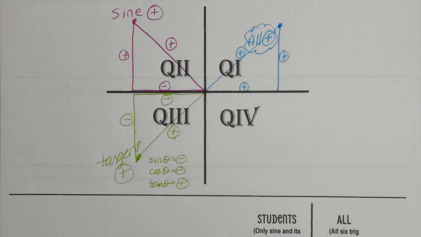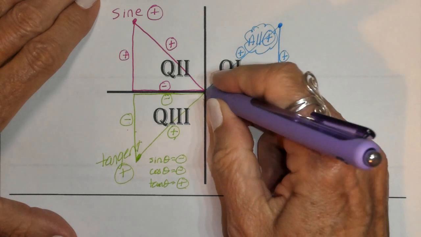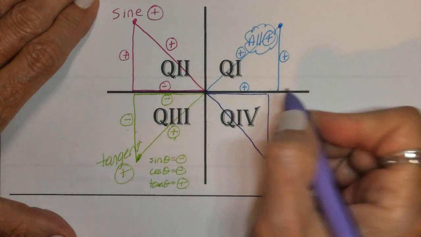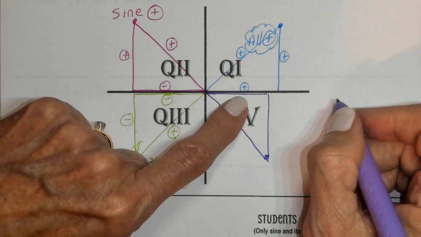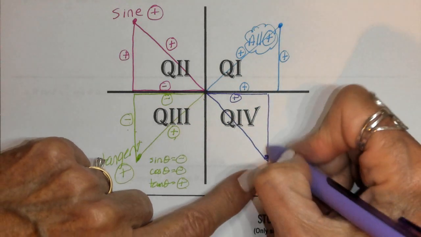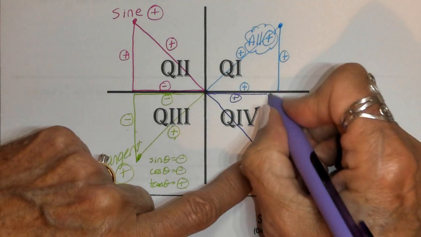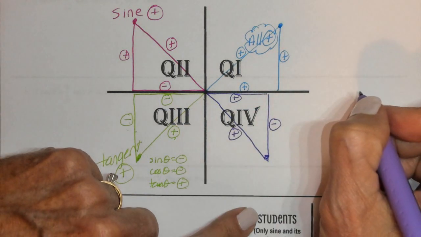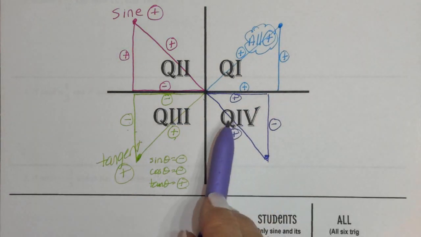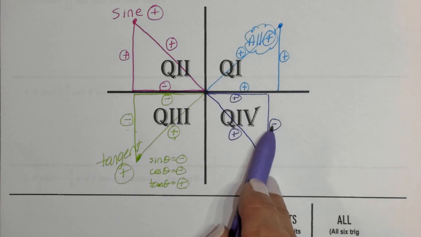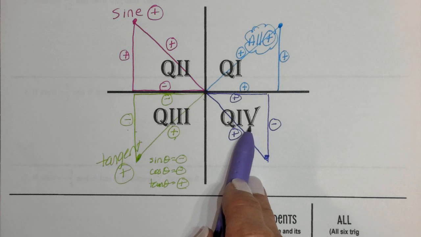You can probably guess what's going to happen over here in quadrant 4, but I'm going to finish this off. This side is to the right of the y-axis, so it gets a positive, but this side is below the x-axis, so it gets a negative. The hypotenuse is always positive, so only the trig functions that include the opposite side will be negative.